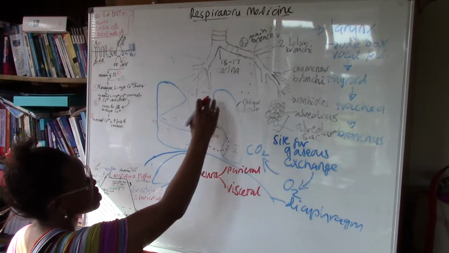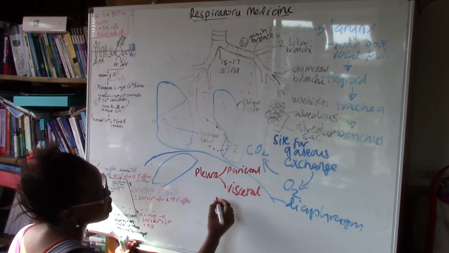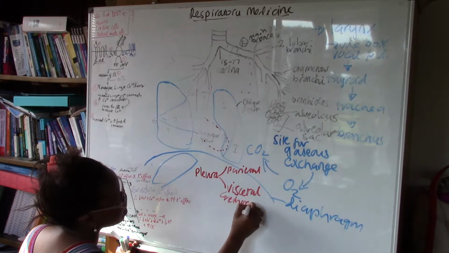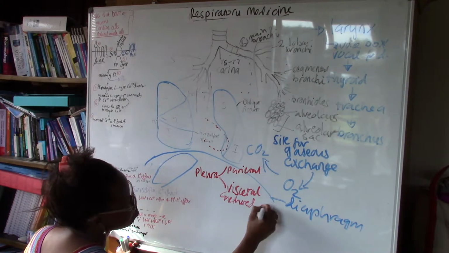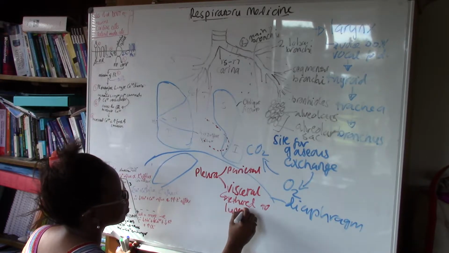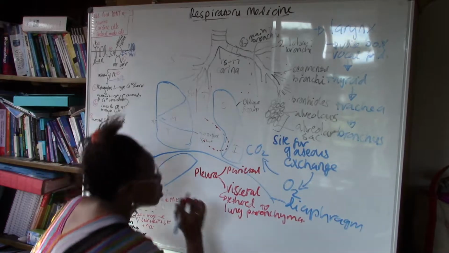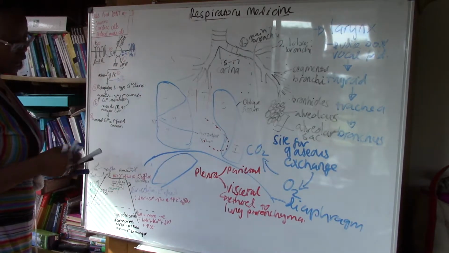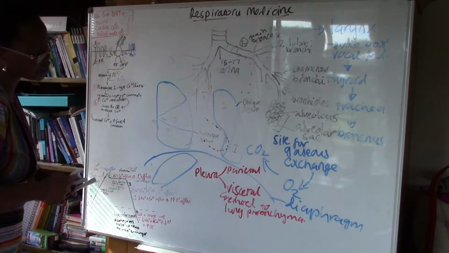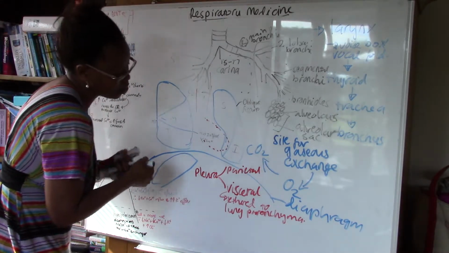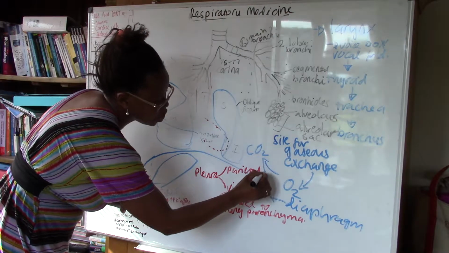Even if you were to try and dissect it, you could not dissect the visceral pleura from the lung because it's actually firmly tethered to the lung parenchyma. So it is tethered to the lung. And the differences in pleura really are that the parietal pleura has all the nociceptors.